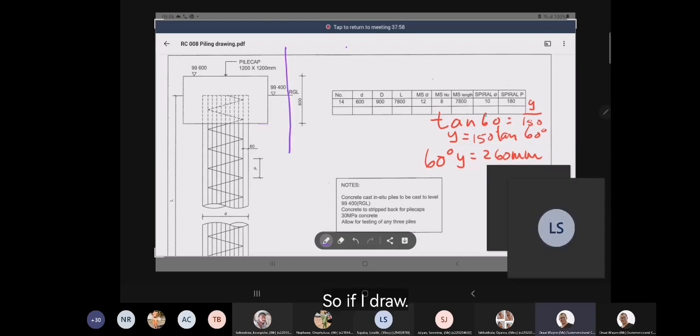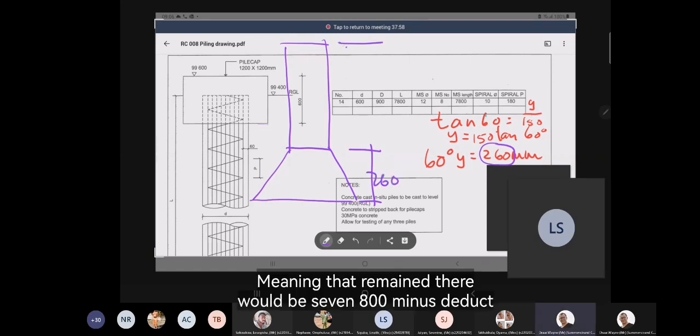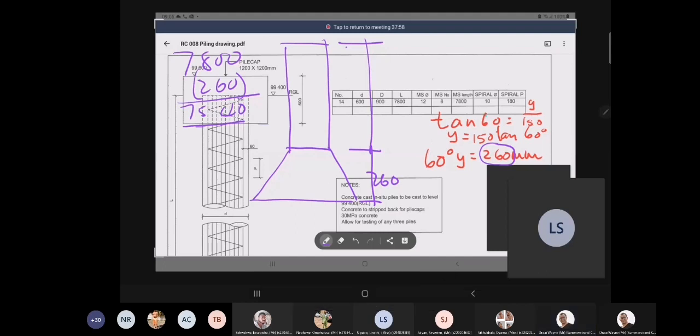So if I draw my line there, I've determined that y equals 260, so that there is 260, meaning that the remainder there would be 800 minus, deduct 260, and that would give me 7.54. Okay? So that is 7.540.